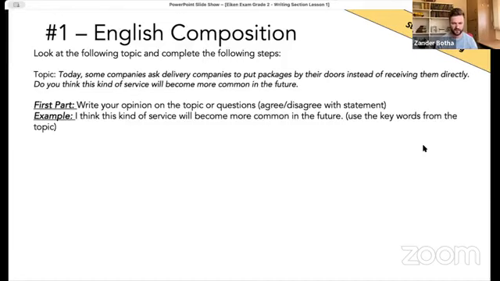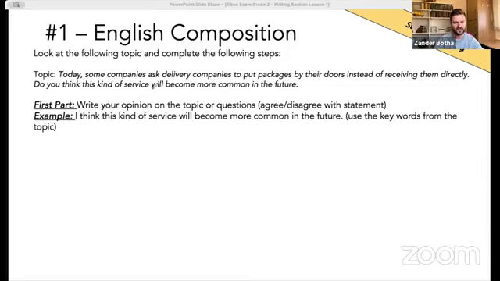Now, something very important to see here is that you use the keywords from the topic when you give your opinion. So you can see in the opinion, it says, I think this kind of service will become more common in the future. So we can clearly see that we used the keywords from the topic.